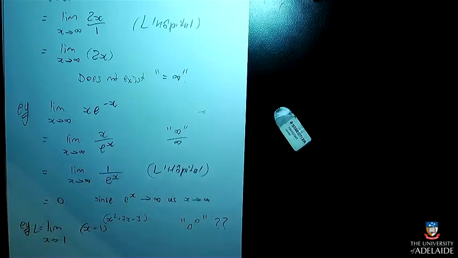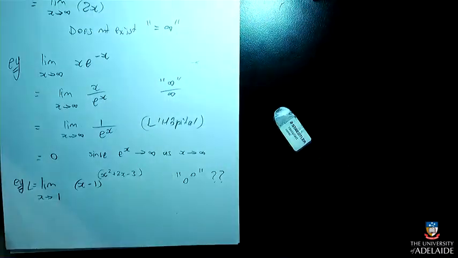If I do ln of this limit, then ln is a continuous function, which means I can bring limits in and out of it. But I'm going to go to one from above, if that's okay, because ln of a negative number doesn't exist.